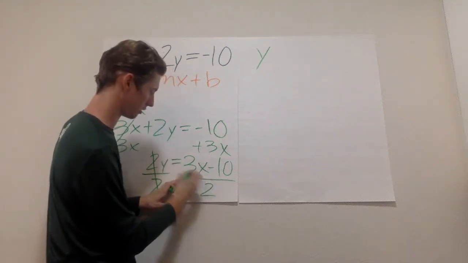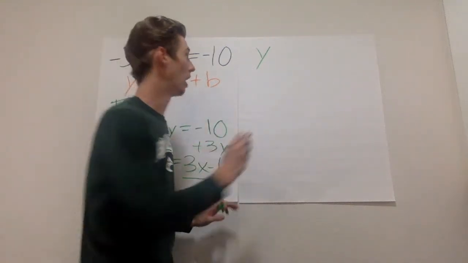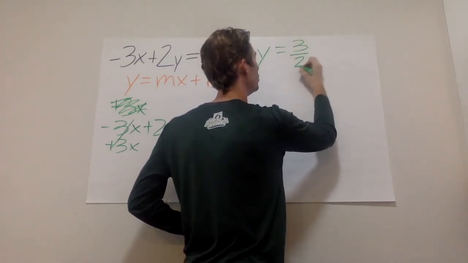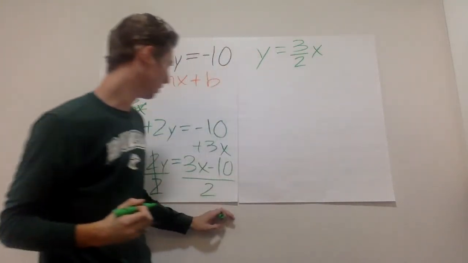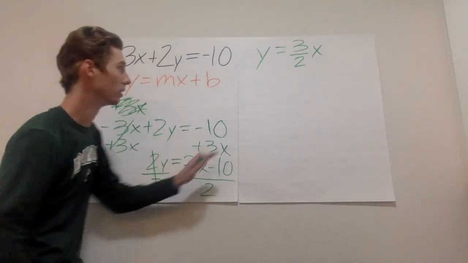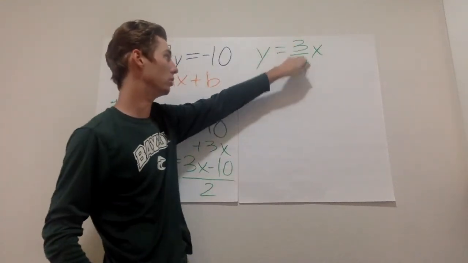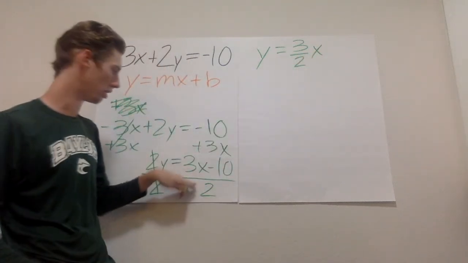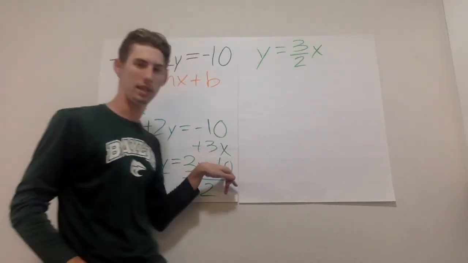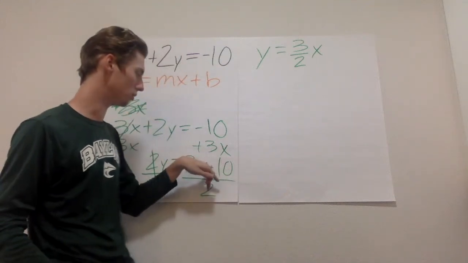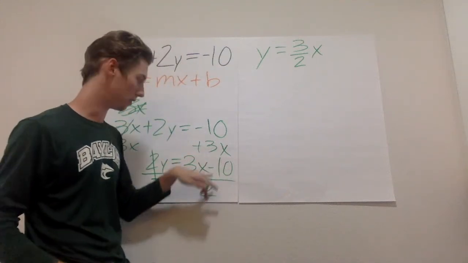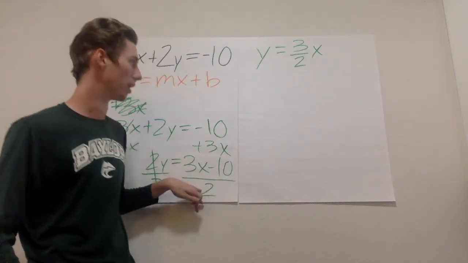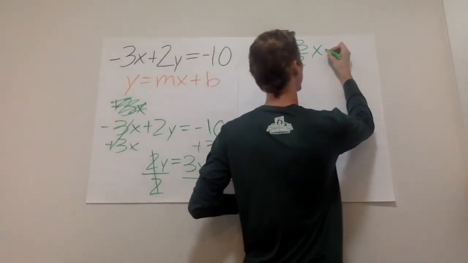So 3x divided by 2, and I know this is crazy, but it's just 3 over 2x, okay? 3x divided by 2 is the same thing as 3 over 2 times x. Okay, this is important to remember. All right, then you've got a negative 10 divided by 2. If you do 10 divided by 2, that's 5. And then a negative divided by a positive gives you a negative. So negative 10 divided by 2 is negative 5.